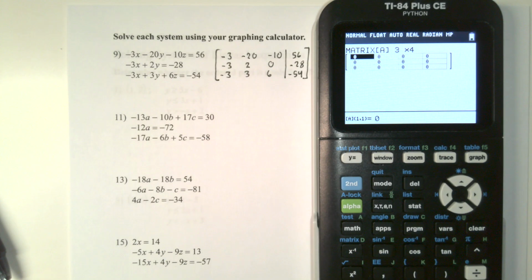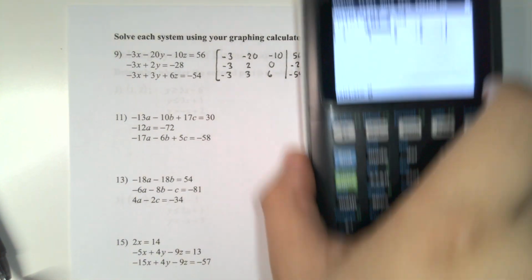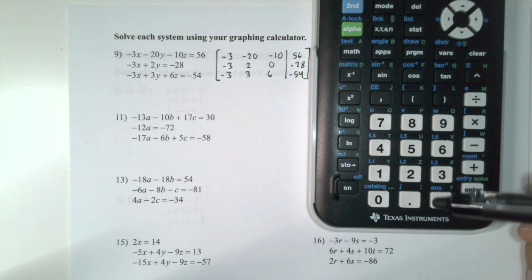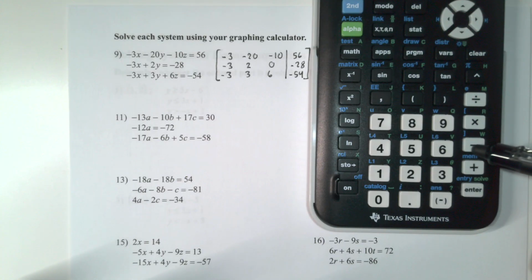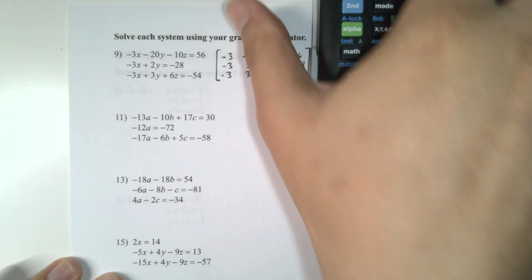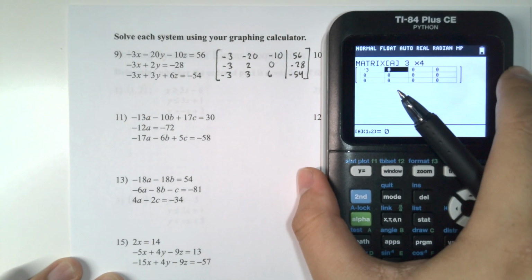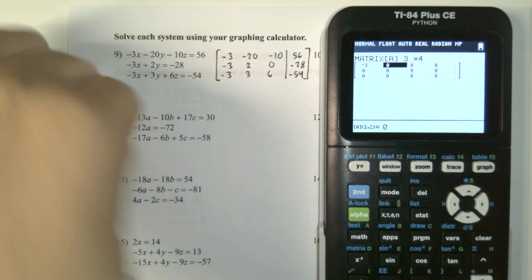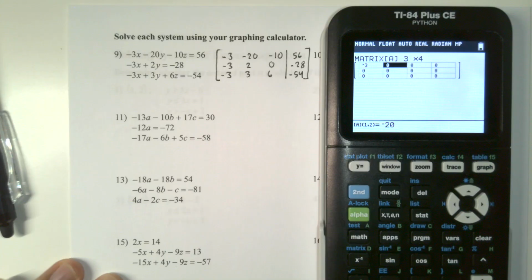All it wants is for you to put the -3. And when you're typing in a negative, remember that this is your negative button. Whenever you want to type in a negative, you always hit this button, not subtraction. That's a very common mistake for students. So we're going to put -3, and then we'll put -20.